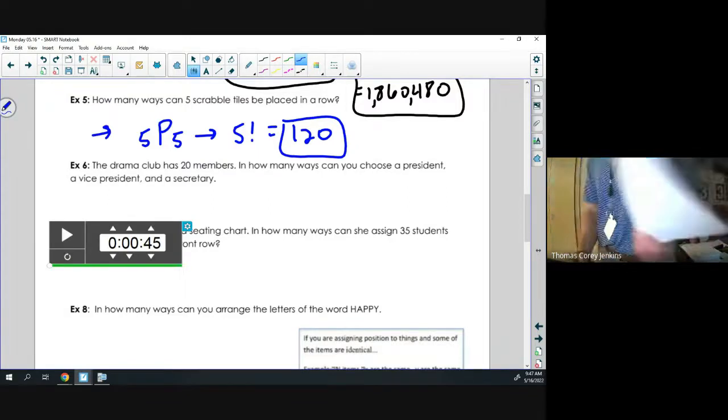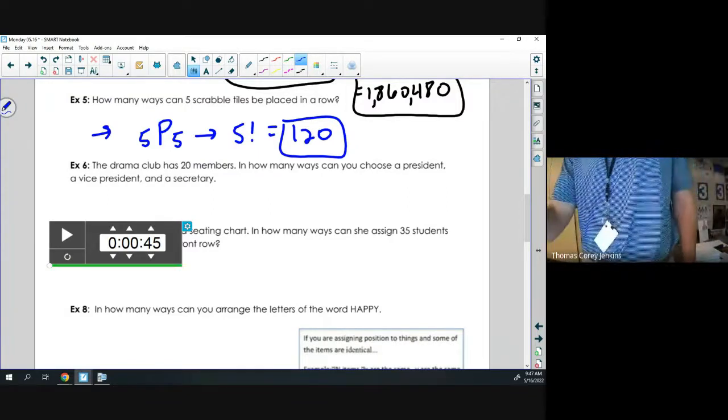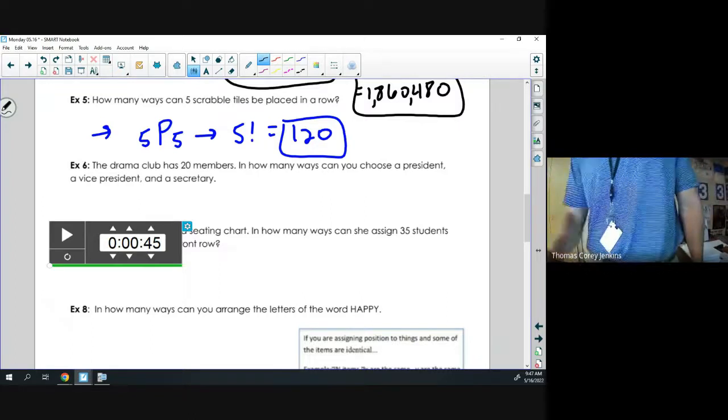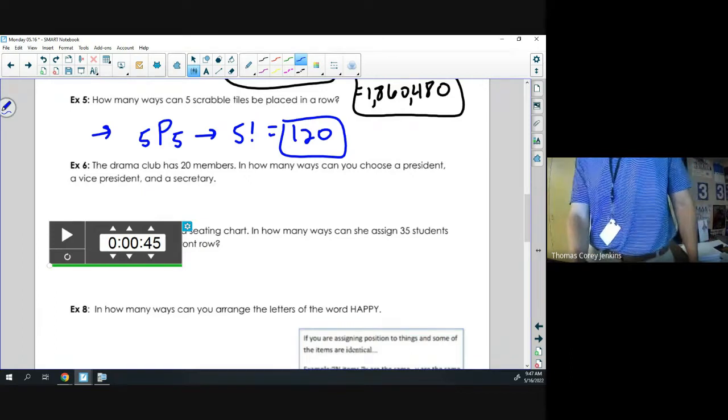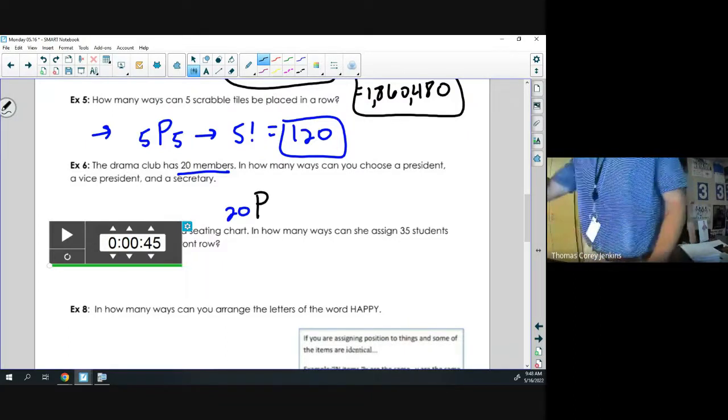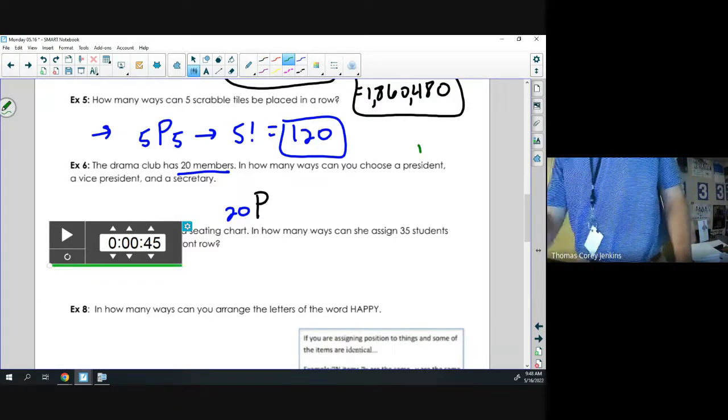A problem that's probably more like a test problem is going to be like example 6 here. A drama club has 20 members, and how many ways can you choose a president, vice president, and secretary? So we have 20 to choose from in the group. Order matters because there's a different title for every spot, so it's a permutation, and we're filling 3 positions, so it's going to be 20P3.